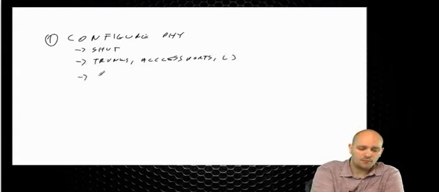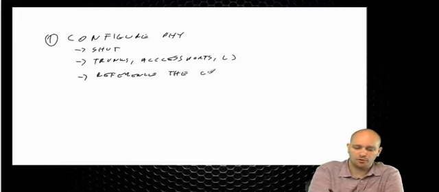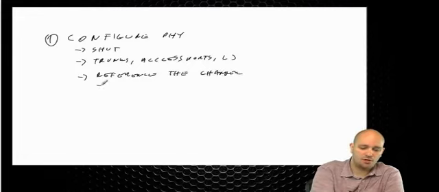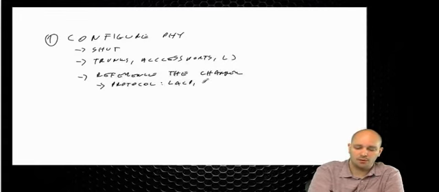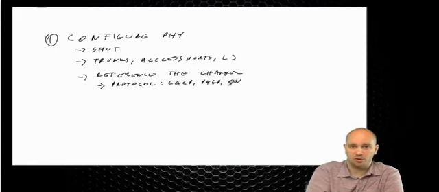Then I reference the channel to use, and here I'm going to decide on the protocol. Am I going to use LACP? Am I going to be using PAgP? Or am I going to be using just the mode on, the static configuration of the EtherChannel?